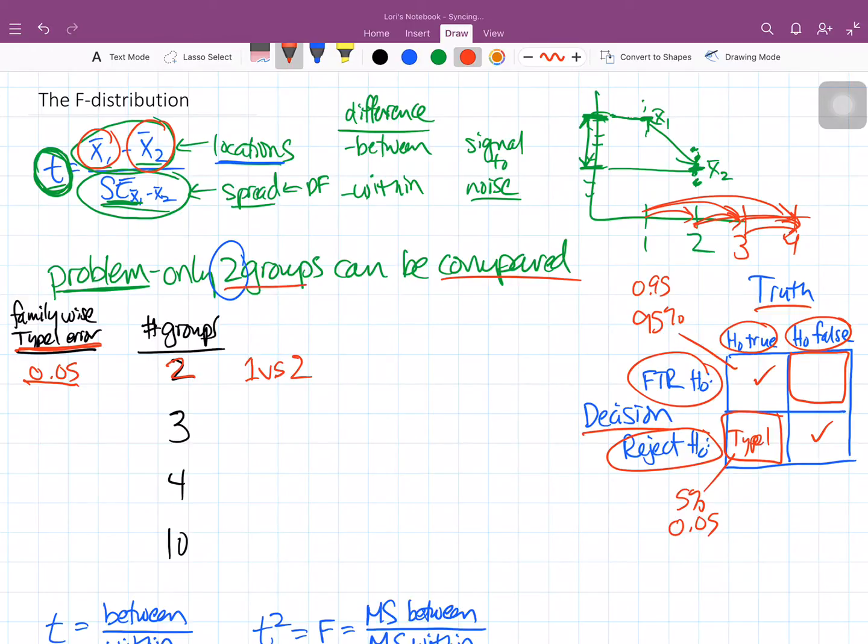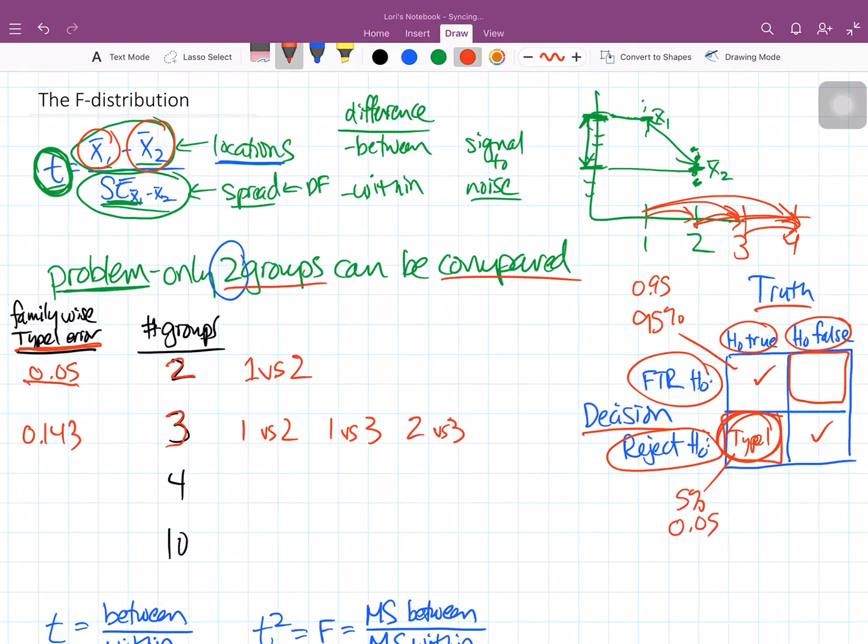The problem that happens is when we're comparing more than two groups, like let's say we want to compare three groups, we have to compare 1 versus 2, 1 versus 3, and 2 versus 3. This type 1 error now starts to become what's called inflated. So here we have the family-wise type 1 error actually goes up to 0.143.